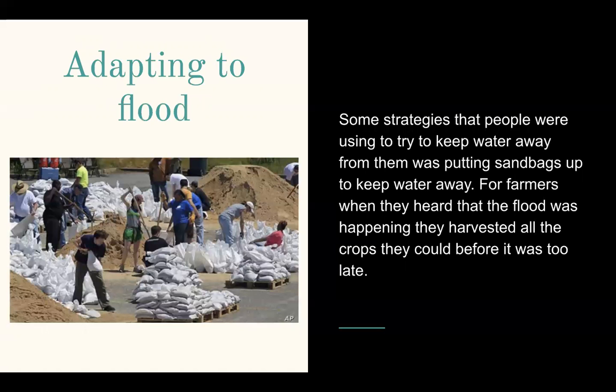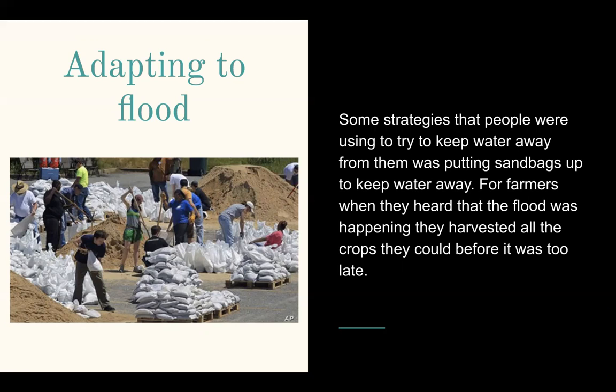So adapting to the flood, young kids, old people, anyone was trying to get out and help load thousands of pounds, hundreds of thousands probably, of sandbags to put in front of land, houses, stack as high as they could so that the water would stay on the outside, and less homes and less areas, land would be destroyed.